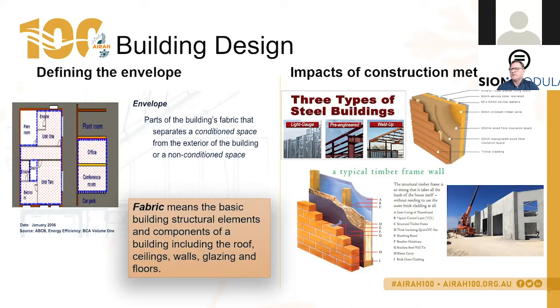The limitations on where and how we apply insulation to the building fabric may have an effect on how we can determine whether our ductwork is in the conditioned space or non-conditioned space. So we need to have an understanding of the construction type or methods that are going on in our building, just so that we can make sure we're applying the correct ductwork insulation requirements.